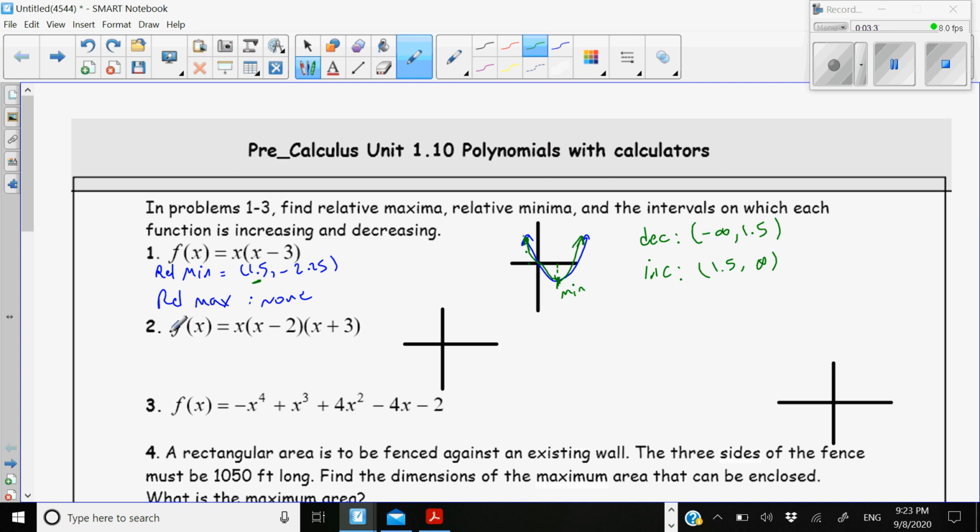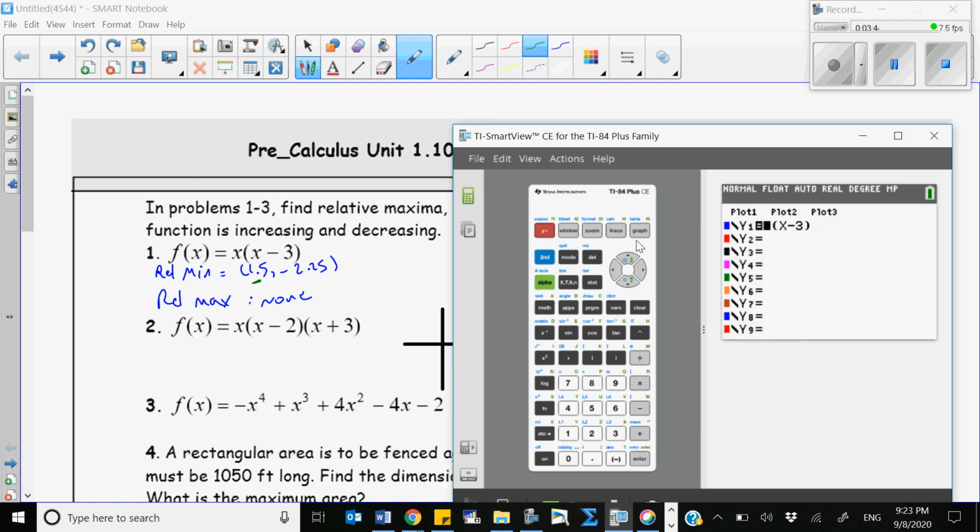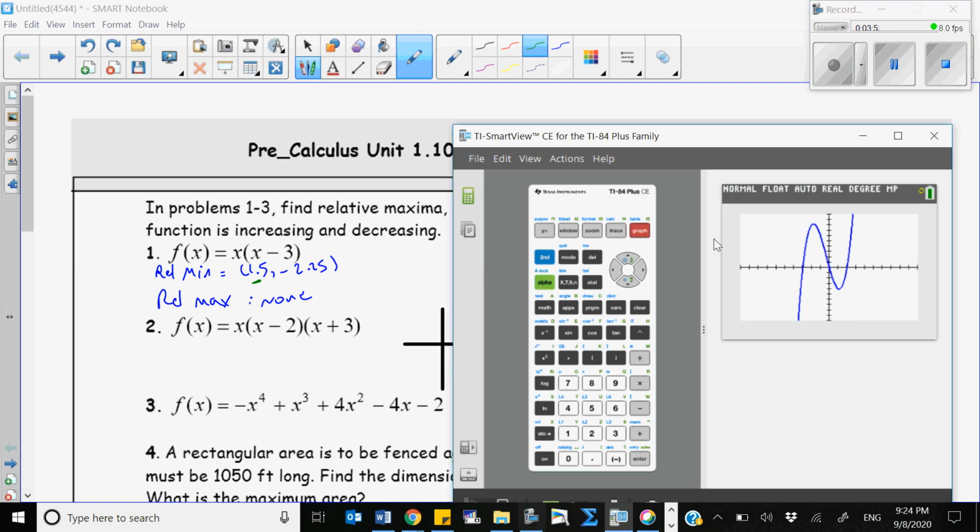Next is the function number 2. I'm going to use my calculator to enter the function here. Okay, so this is my equation or function. Now I graph it and it's going to look like this. From these two sides, it's going to go to positive infinity and negative infinity, and we have a maximum and minimum point.